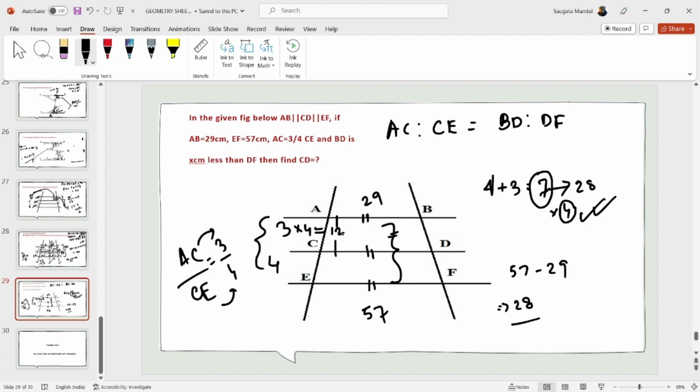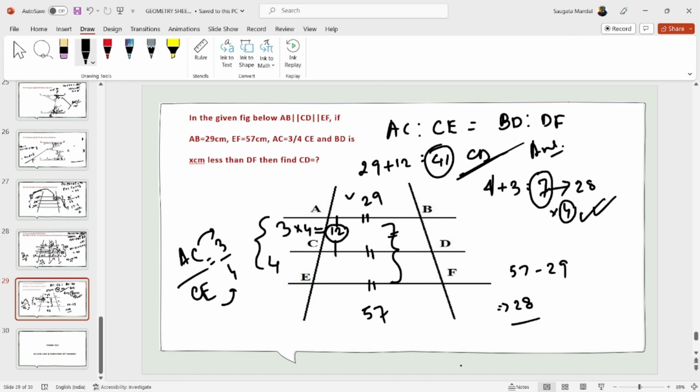The distance of this is 12. That means 29 plus 12 is 41. The distance of CD is equal to 41.